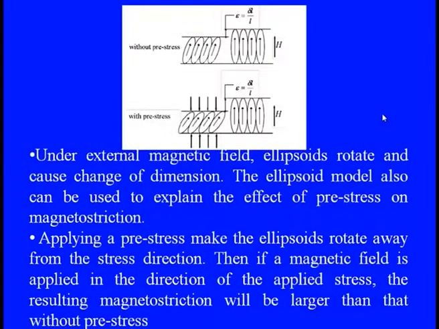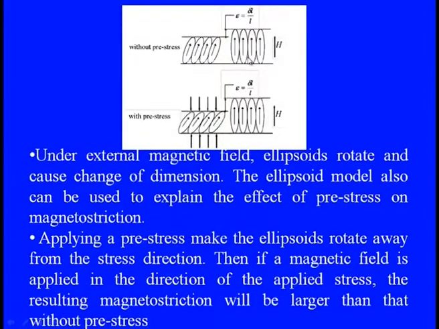When we do not have any pre-stress, the ellipsoids are arranged in this way. When pre-stress is applied, then even under the magnetic field they are straightaway arranged in this particular direction.